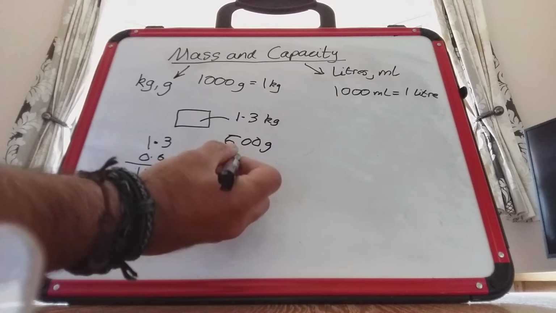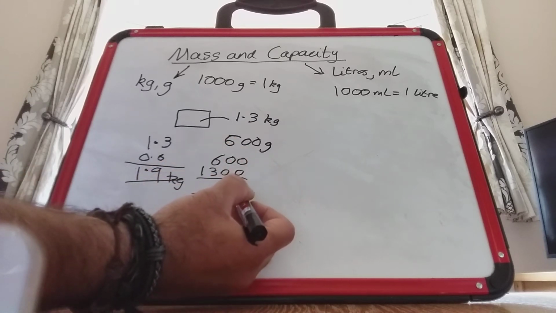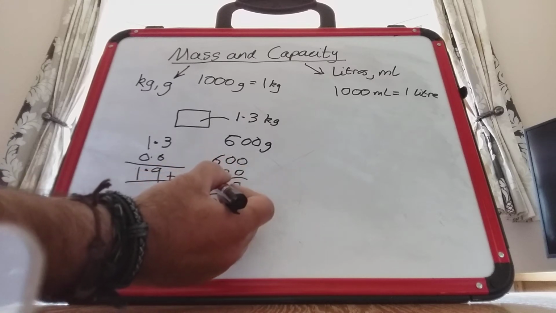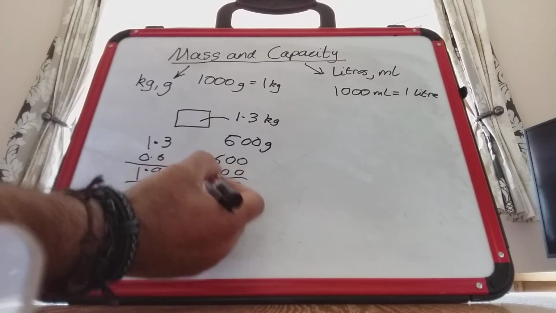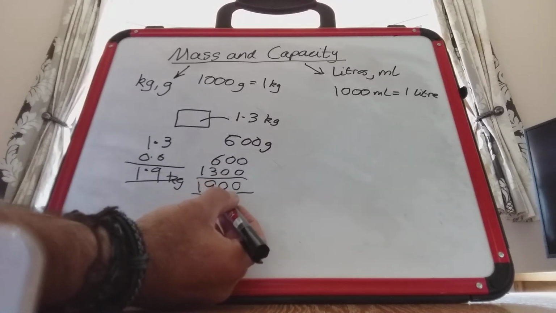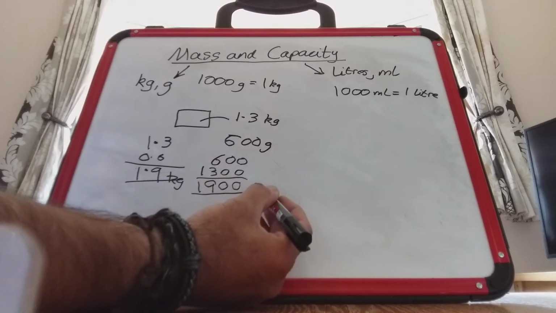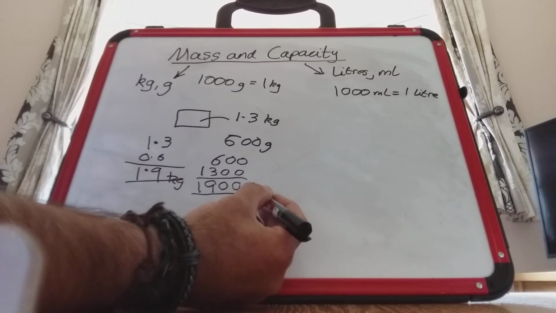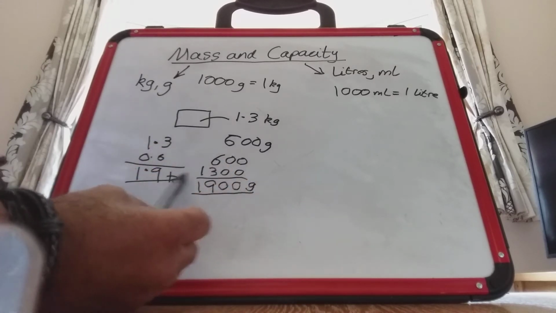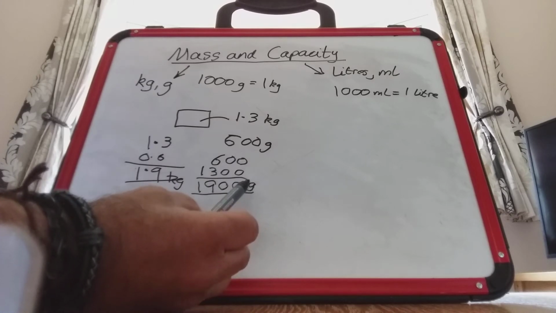And we simply go 0 and 0 is 0, 0 and 0 is 0, 6 and 3 is 9, and 1 is 1. So we've got 1900 grams. Now either way is the correct answer, but you must put whether it's kilograms or grams.